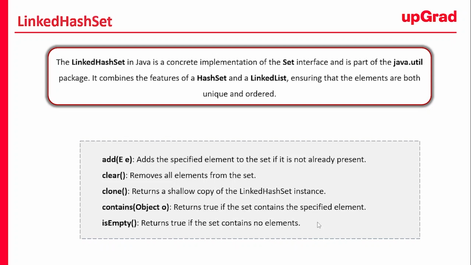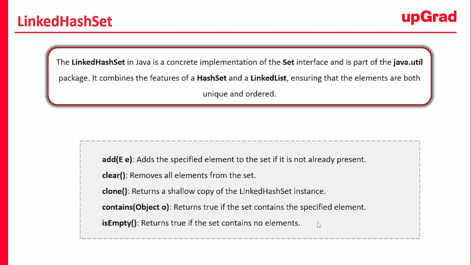The other operations would be the same as the previous one, so we don't need to worry about that. That creates a LinkedHashSet for strings, and then we'll simply add the items. The order is the same as the order in which the items were added, and that order will remain the same.